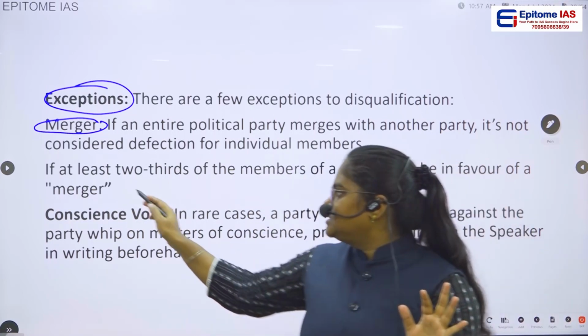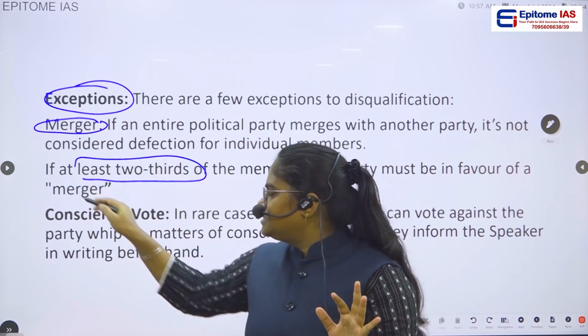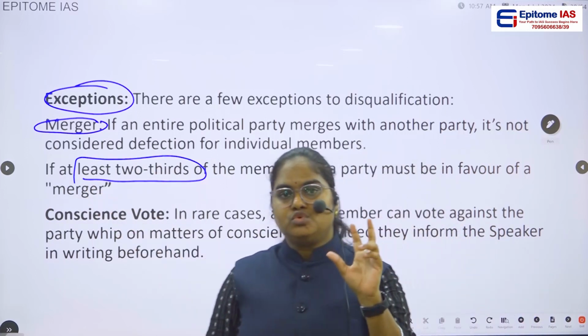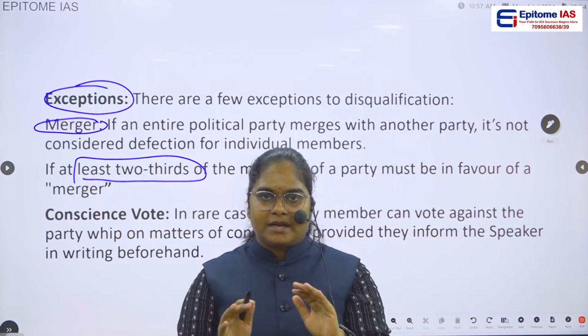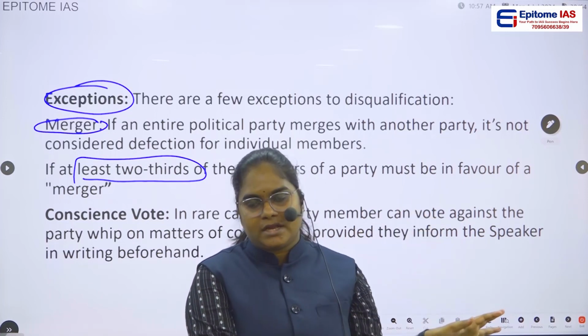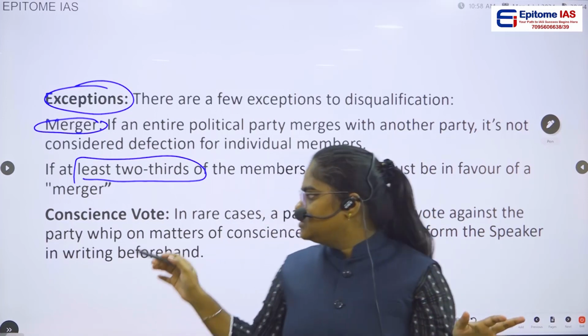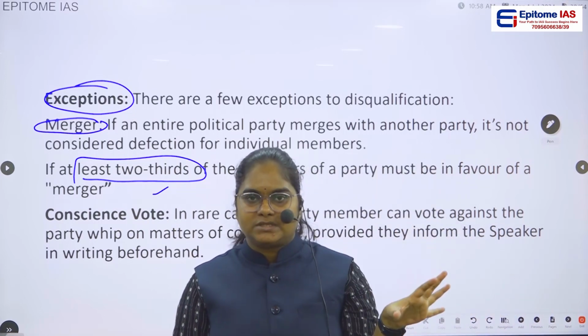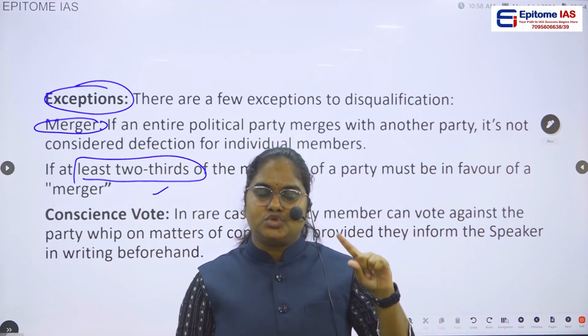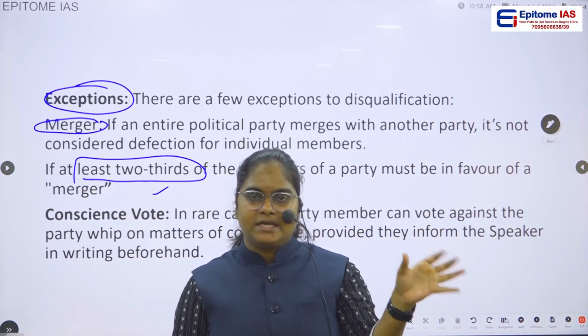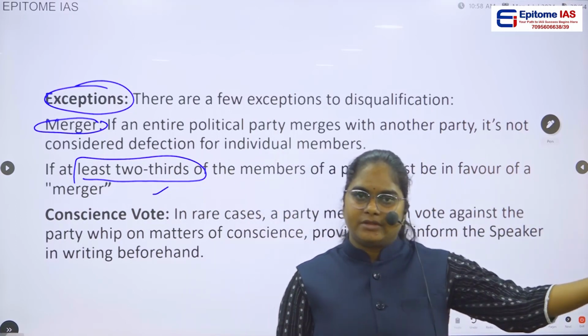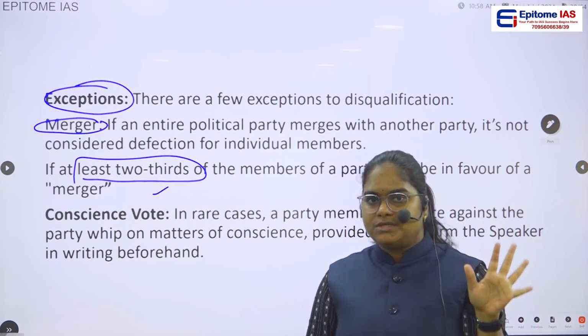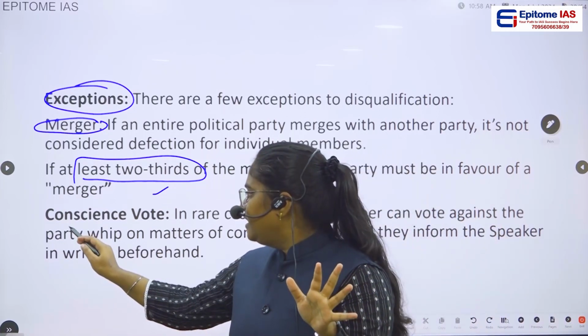There is another case that, let's say, there is a merger happening and 2/3 of the political party is joining another political party, then also these people are not disqualified. Whenever 2/3 of the political party are together joining another political party, there is no disqualification.